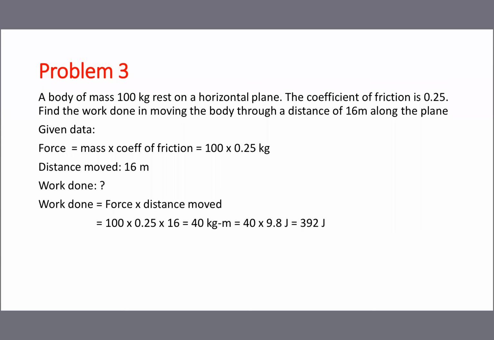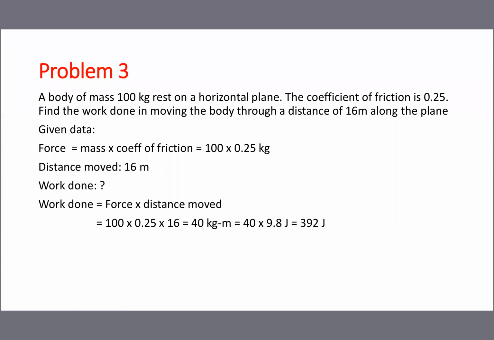We check the data. A body of mass 100 kg, mass is given. We can take it as force, no problem. But before that, you read the whole problem. The coefficient of friction, a new data, is also given, 0.25. So now you will understand why that data is there.